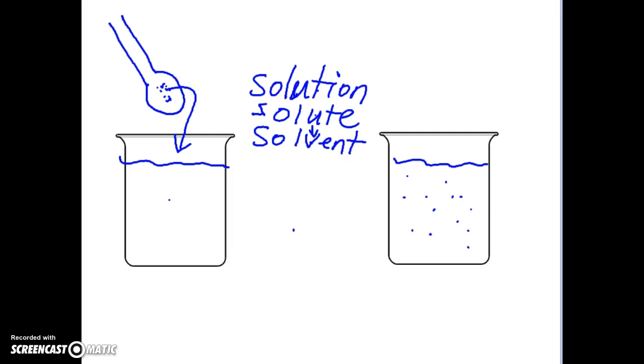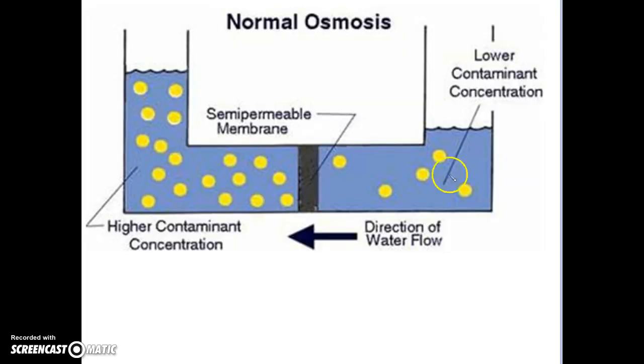Okay, so the next thing you have to understand is what happens when a solution is different on either side of a semi-permeable membrane. So for example, in a cell, sometimes the environment has more particles on the outside than on the inside. Sometimes it has more particles on the inside and less on the outside. So what we have to understand is in a cell environment, there's a semi-permeable membrane, which is the cell membrane.